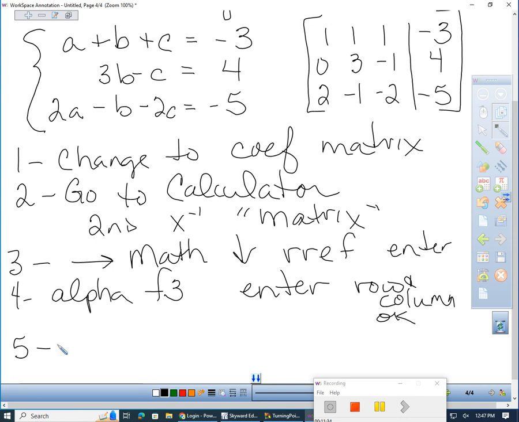So now you should see all of the elements in your matrix come up. So step 5, you're going to put in your matrix. You have to push to the side to enter each one. Okay? Once you have it all filled in, you're going to push to the side to get out of your parentheses and hit enter.